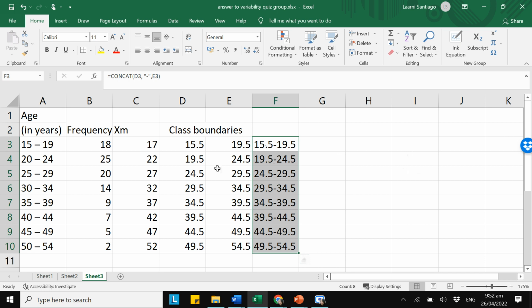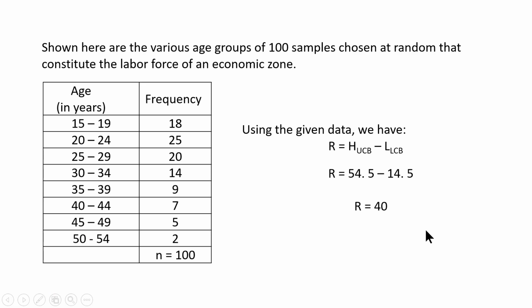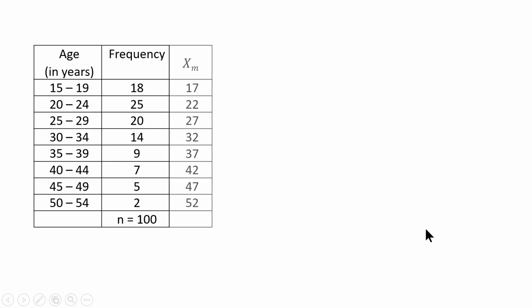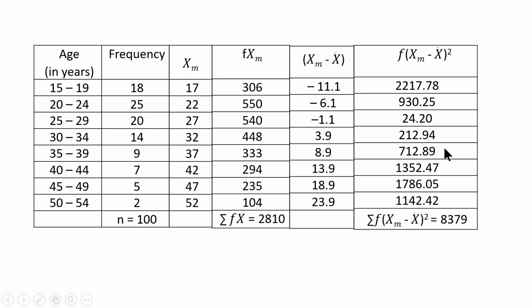Now, so sabi ko nga kanina, going back to our Excel or yung sa ating calculation, we need to produce the table. Okay? Ayan. Okay, so paano natin ma-generate to?